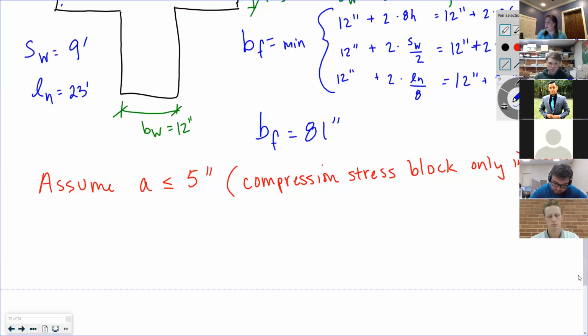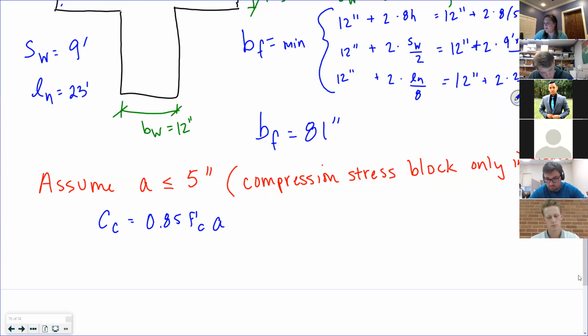So if it's only in the flange, my compression force in my concrete is 0.85 f'c a, with a being the depth of the compression block, multiplied by the whole width, bf.